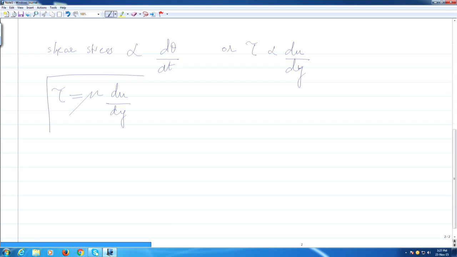This is something that you know, right? I think you know this. So this bit is nothing but the coefficient of viscosity.